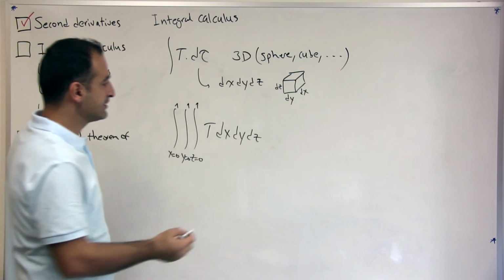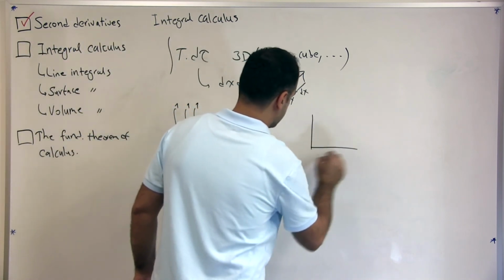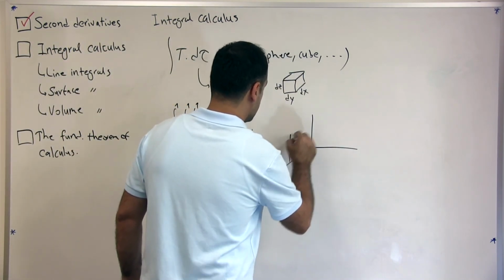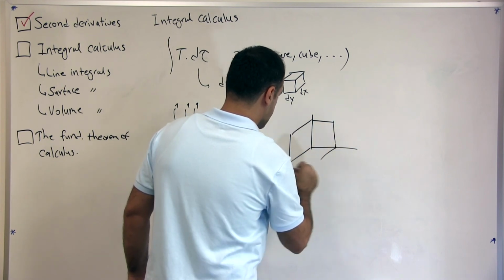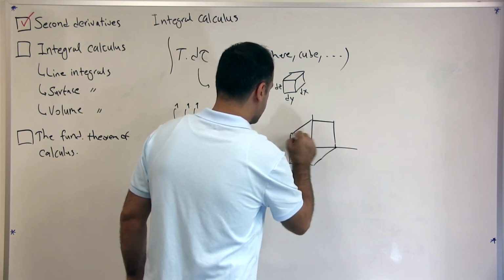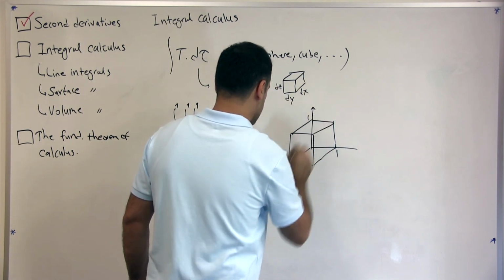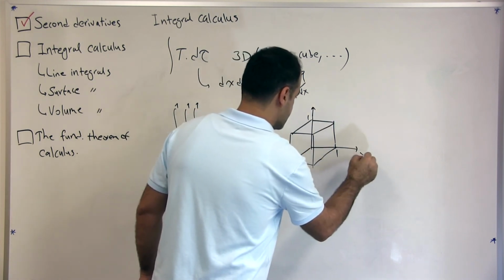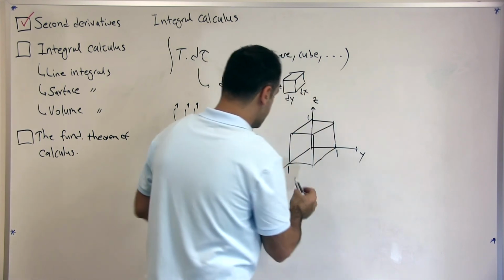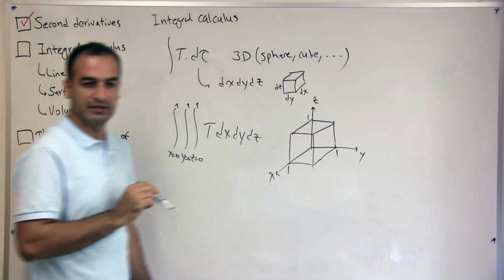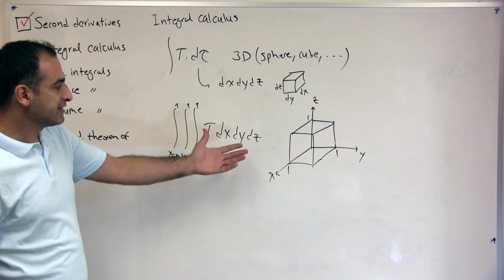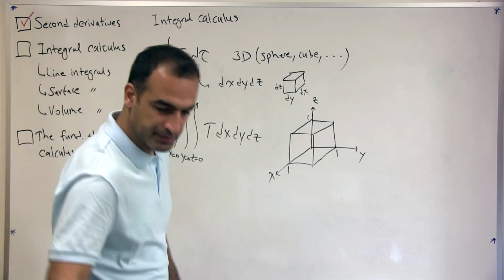And this is going to be an integral on a cube where the sides are expanding from 0 to 1, okay? Meaning that if this is x, this is y, and this is z, the limits are 1, okay? Now imagine instead of a cube, you are looking at a prism, okay?